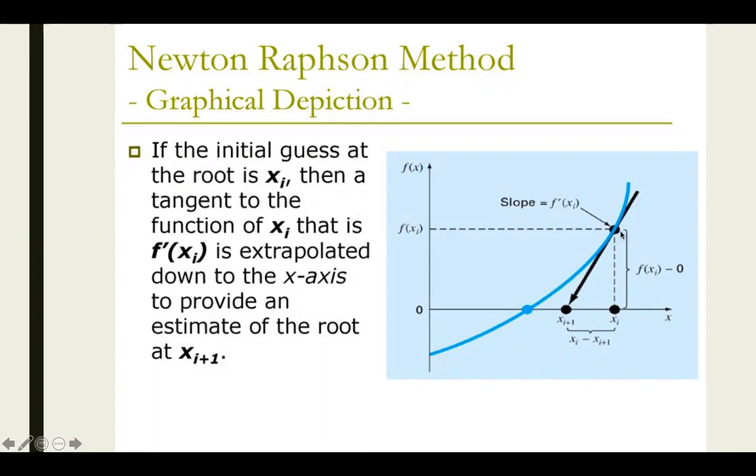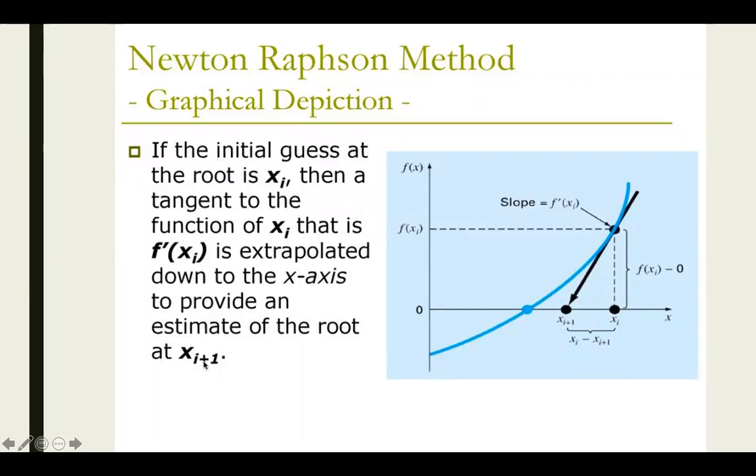So delta y will be f of xi minus 0, and delta x is xi minus xi plus 1. Xi plus 1 is the next iteration value of x, or the root of the equation in the first iteration.